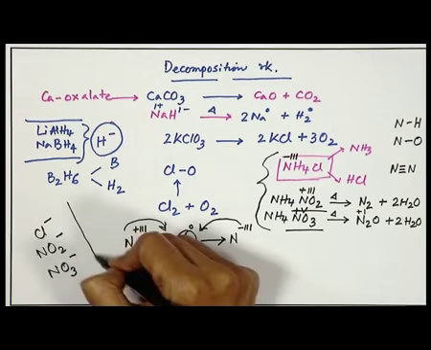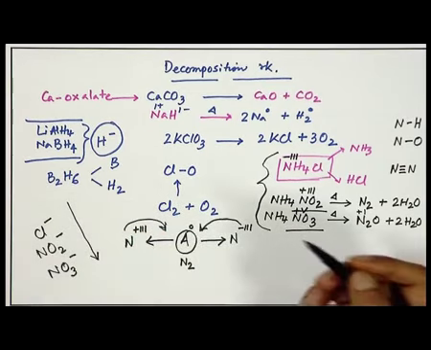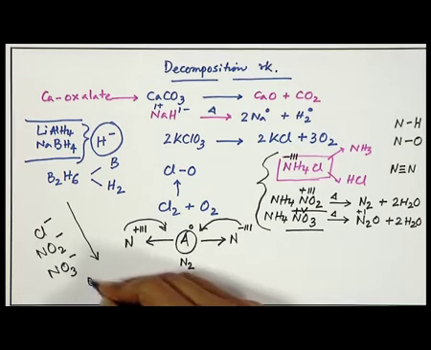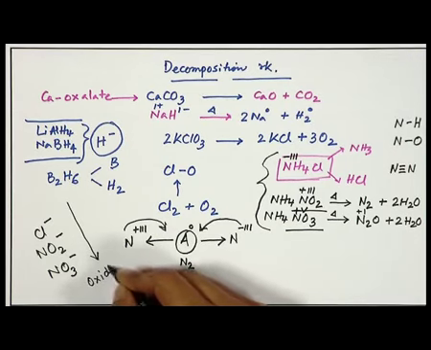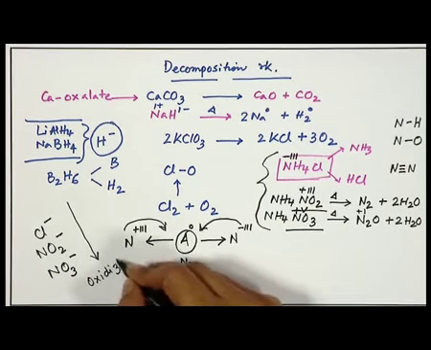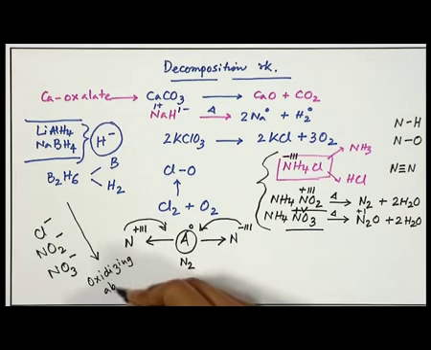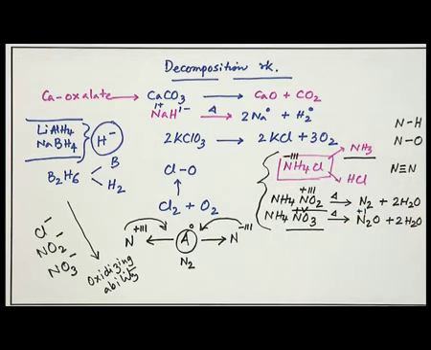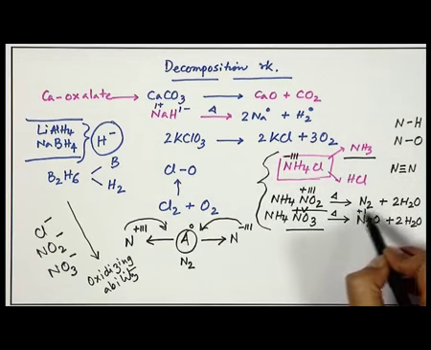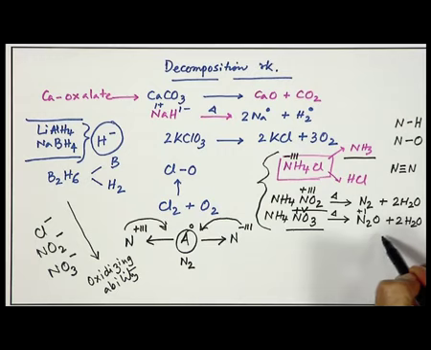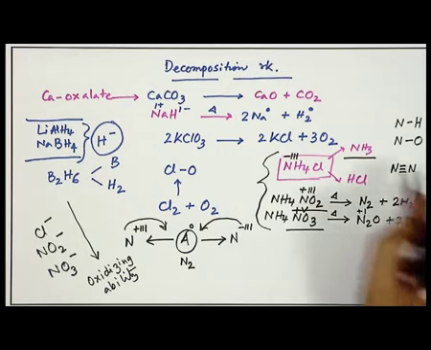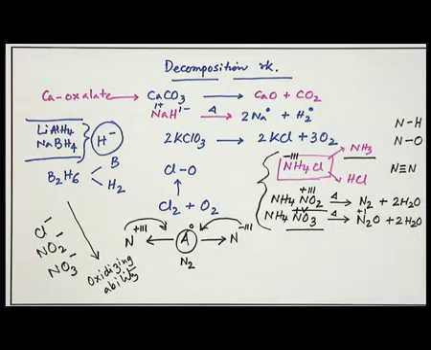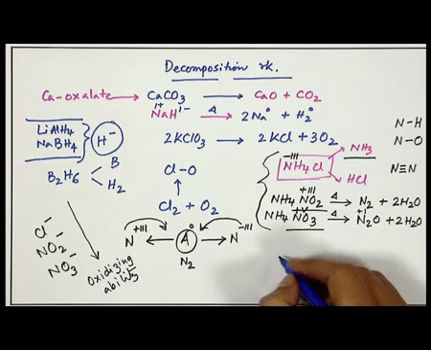How good they are depends on their oxidizing ability, and this oxidizing ability is increasing. That is why we are getting these different products. That means we get ammonia in one case, nitrogen in another case, and N2O in another case.